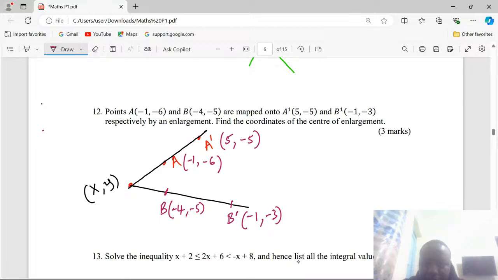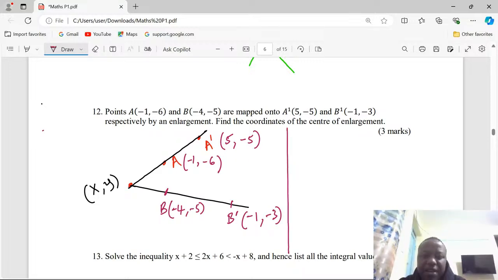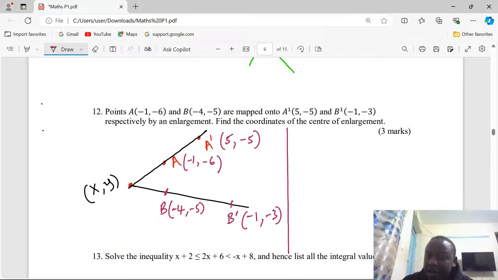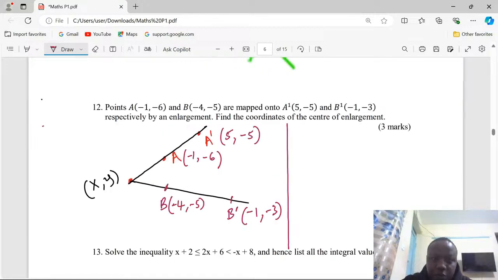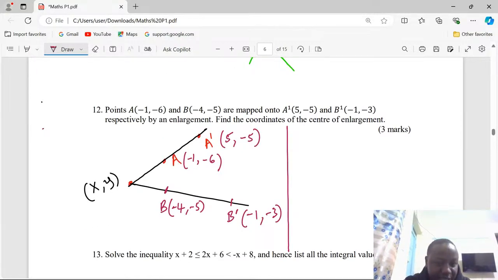Now that we have been able to show that, even if the enlargement had a negative scale factor, it would still mean that A and A prime meet at the center, and B and B prime meet at the same center.